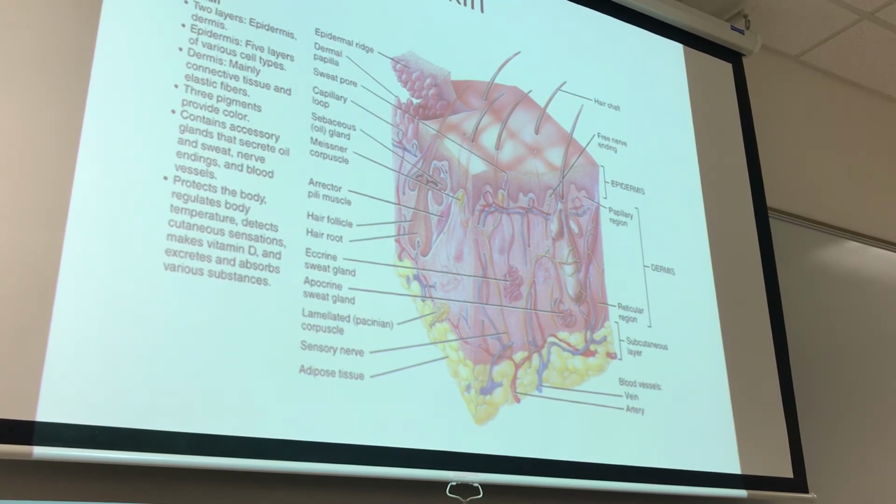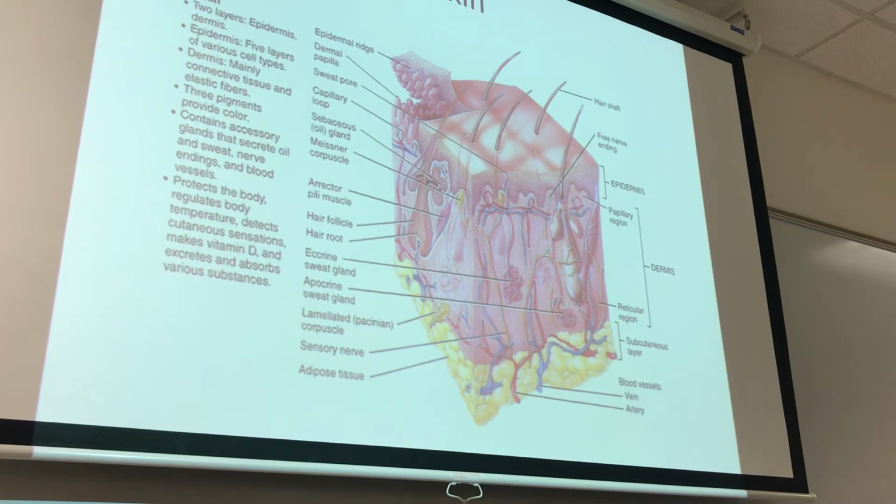You can guess, in which case you've got a 50-50 shot, or you can just put sweat gland. If you put sweat gland, I'll give you 1 point. If you put apocrine and it's eccrine, you get 0 points. If you put eccrine and it's apocrine, you get 0 points. So if you really don't know which one it is, put sweat gland and I'll likely give you a point.